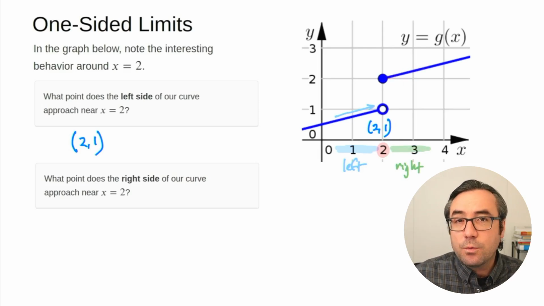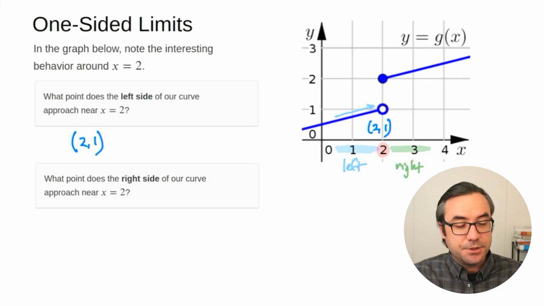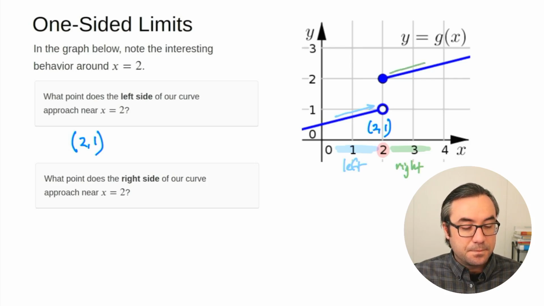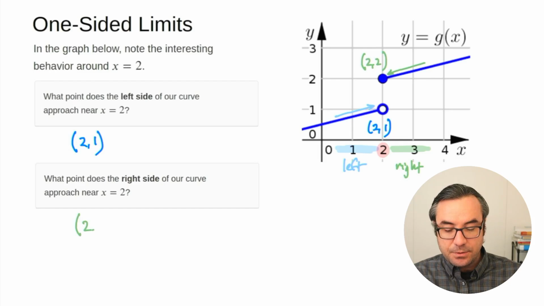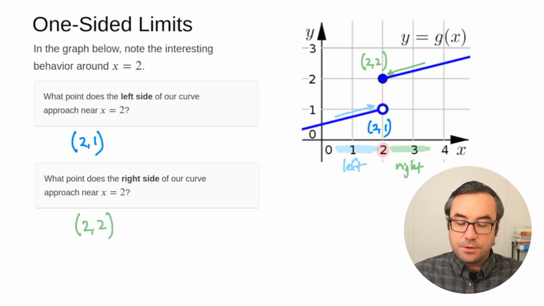And over there, what point are we getting closer and closer to? Well, we're getting closer to that point. Doesn't matter that that point is actually included. That's the location we're getting closer to. And the coordinates for that point are (2, 2). So on the right side, we're getting closer to that point.